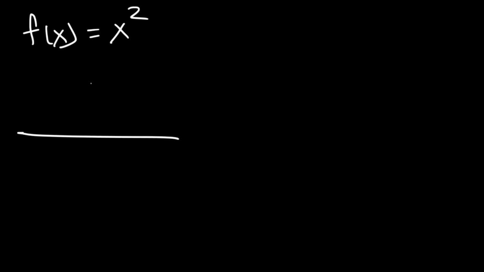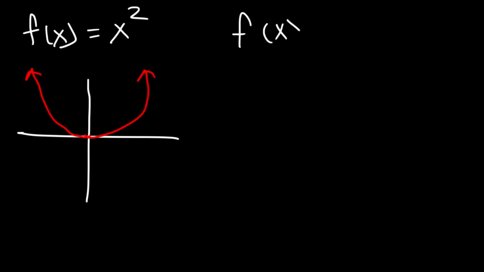So let's go over some examples. Let's say we have the parent function f of x is equal to x squared. Basically that's a parabola that opens upward like this. Now let's say we wish to graph the function x squared plus 3.